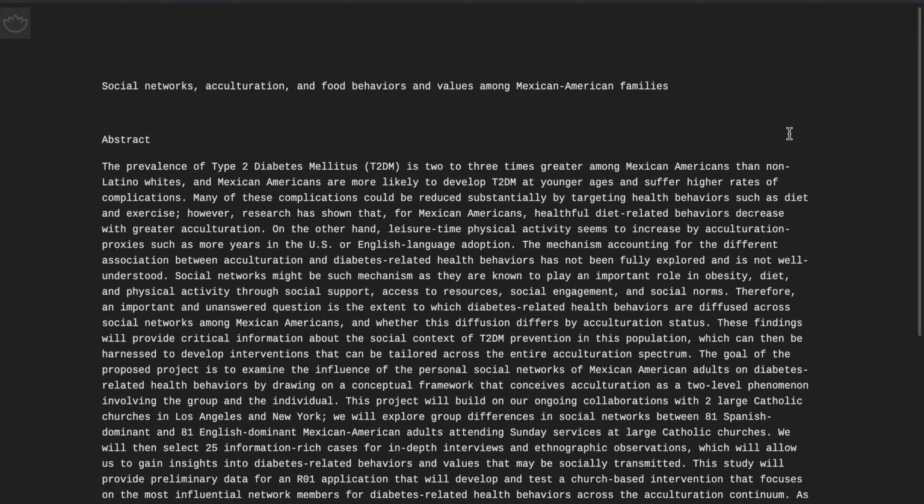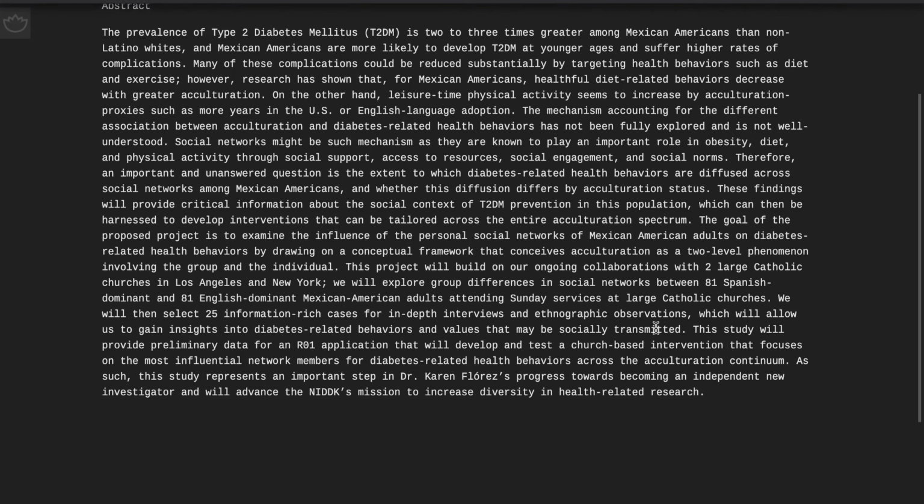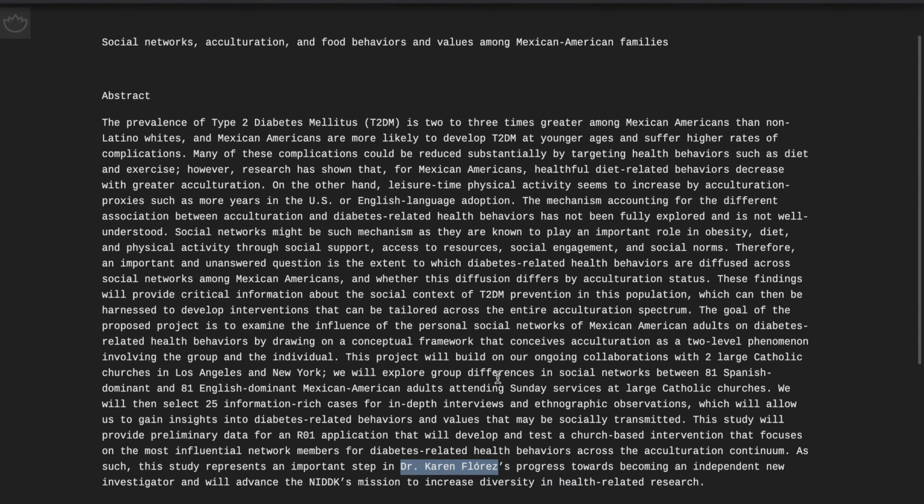This is a project I am working on in collaboration with Dr. Karen Flores at the CUNY School of Public Health, and this is an abstract of an NIH grant we submitted a few years ago, and it got accepted, and we gathered the data.